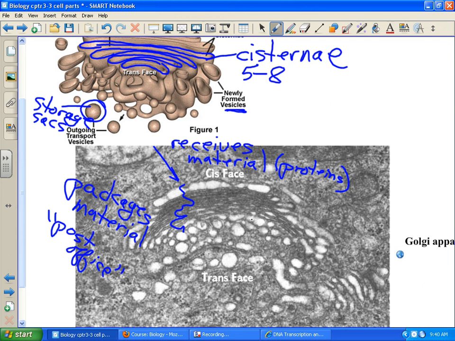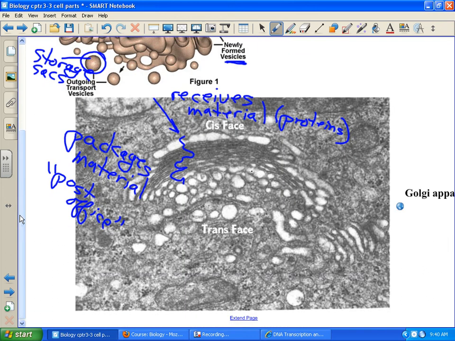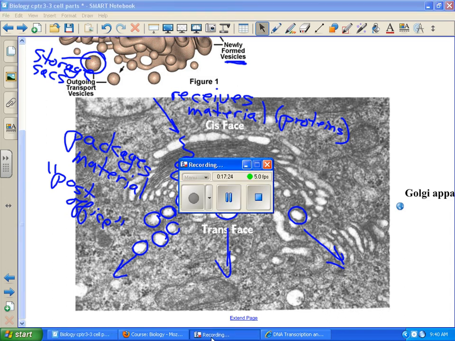So this side, the trans face, these are all things that have been packaged up and are being sent someplace. Not all of them are going to the same spot. Some are going here, this might be going that direction, these are going over here. Somehow the cell knows where to send it. Pretty cool. Let me show you a little animation of this one.